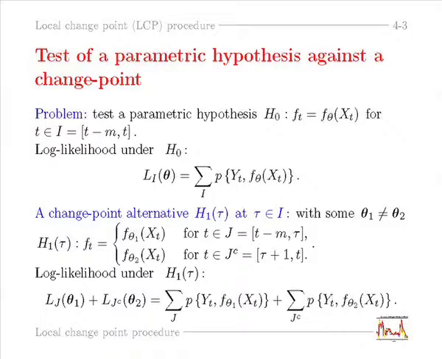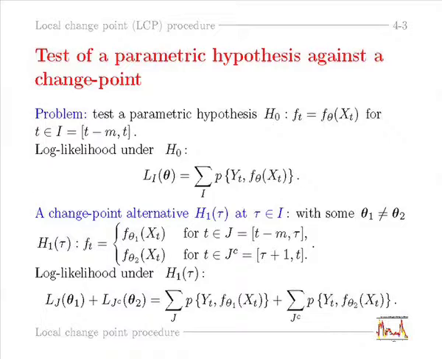Then the corresponding joint distribution can also be split into two parts. For J the process is described by the parameter vector theta 1, and here the process is described by the parameter vector theta 2.